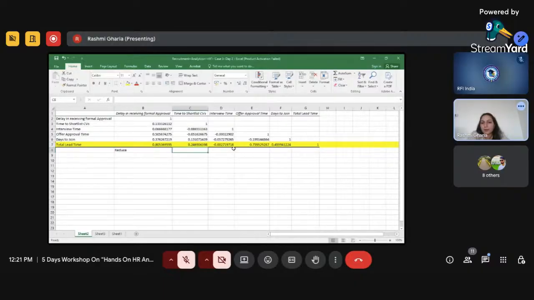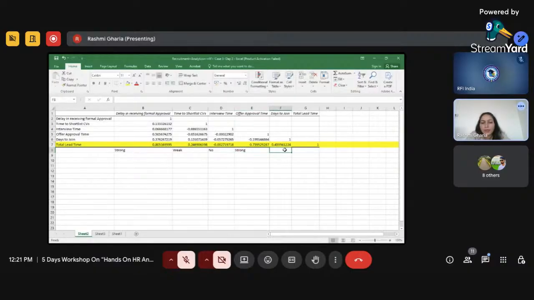So here we find weak, here we find strong relationship. If you see here, there is no impact of interview time, right? Yes. And again, approval time is also showing a strong relationship.